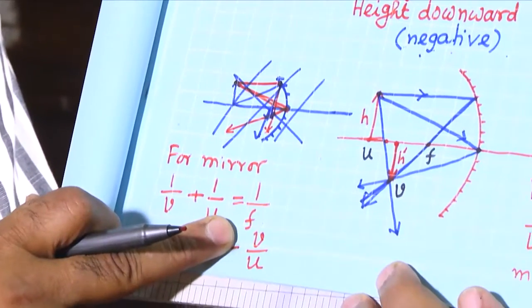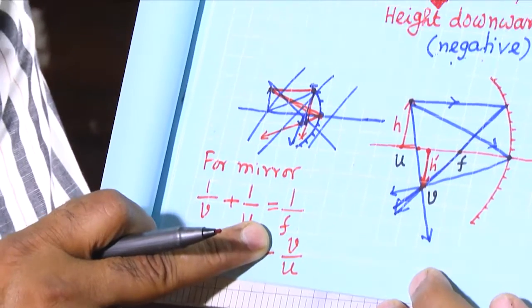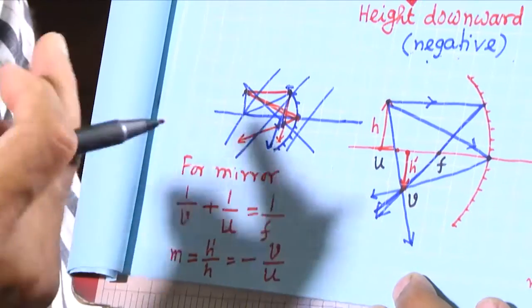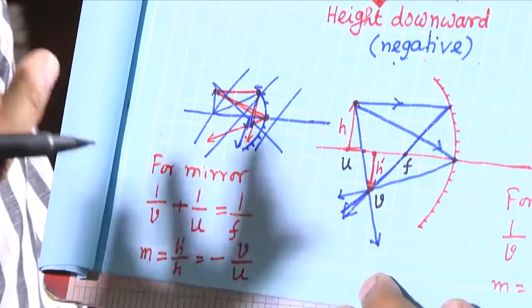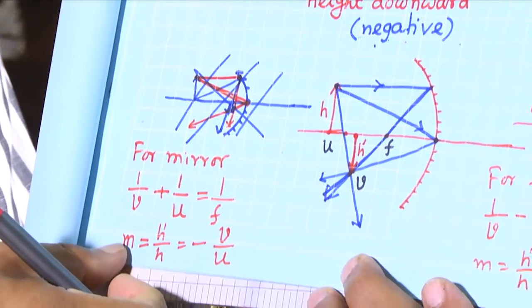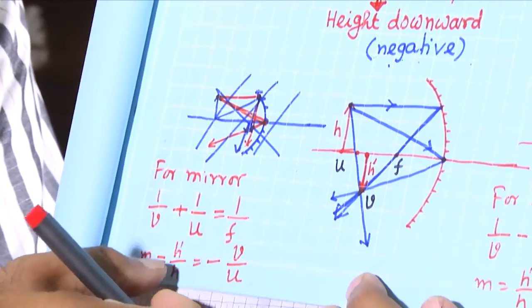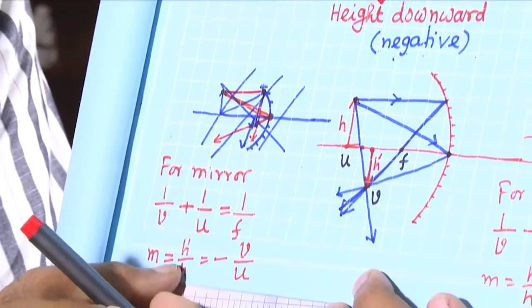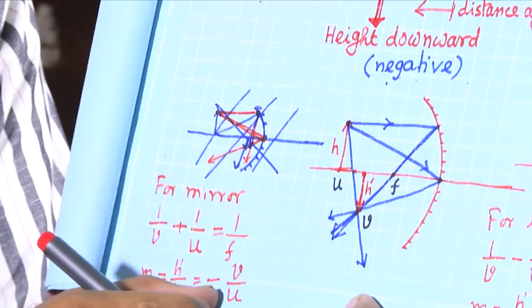The image size is different from the object size, so we express this in terms of magnification. Magnification m is the image height divided by the object height, which equals minus v by u.